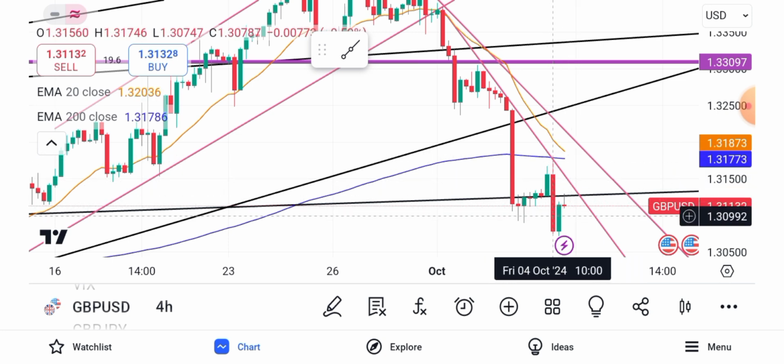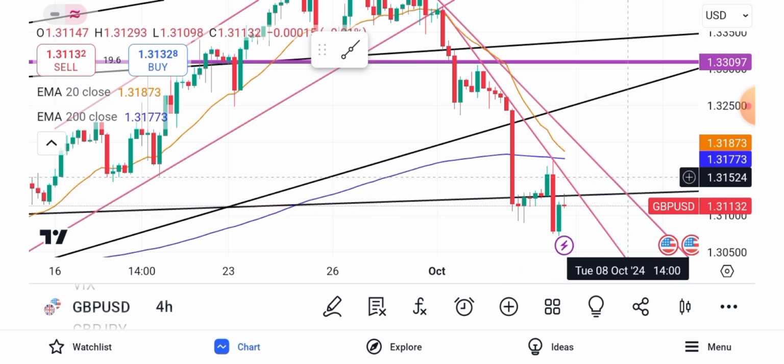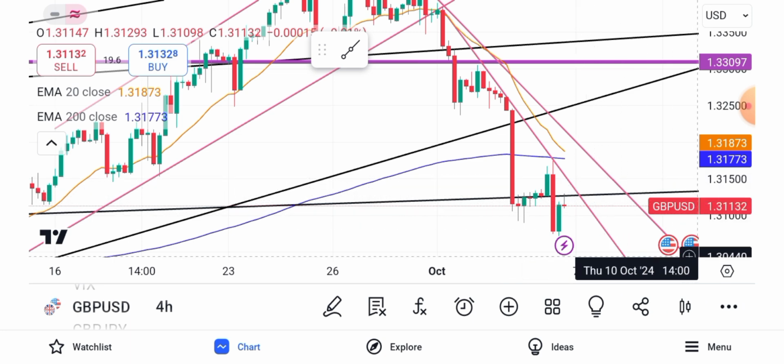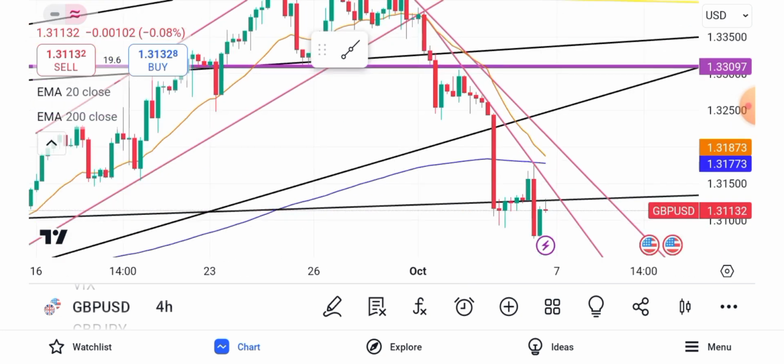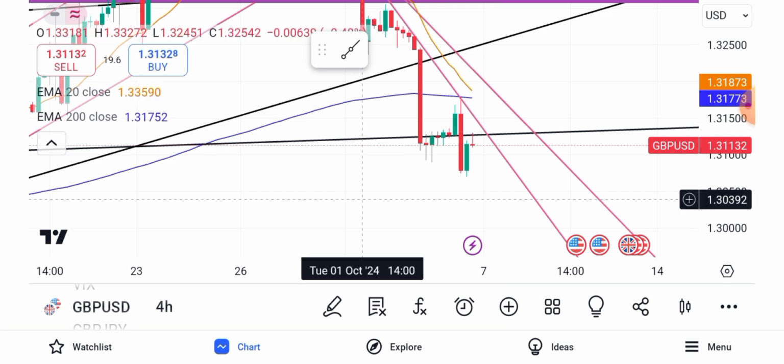Right now we are going to wait for the fourth touch of this new trend line. If it breaks above, it can go to this other trend line that has been touched twice already. So it's going to be the third touch, and then we can enter through that trend line.